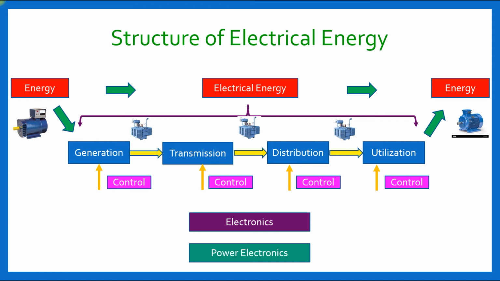Nowadays electric vehicles are booming like anything. Electric vehicle means the end use, that is the utilization part only. Whatever you are going to do in electrical energy should come under this picture only. This picture is very simple and very important. Try to understand this is the electrical energy, not more than this.